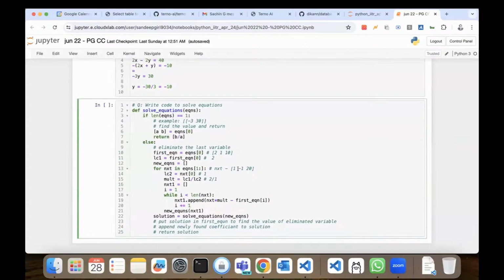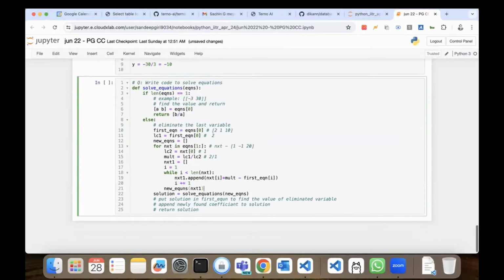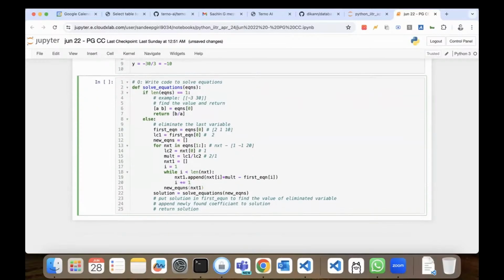After doing this whole calculation, everything will be stored in next one. So I'm saying next one dot append. Then I'm saying next i, the one that I'm doing right now, next i, minus, multiply with mult, then subtract by first equation, and then I'm increasing i by 1, and there we go. Does it make sense?